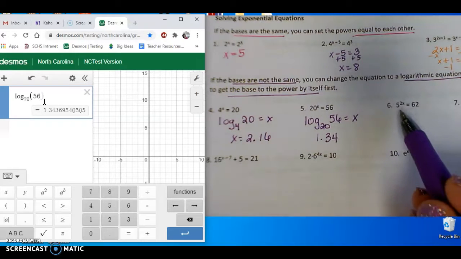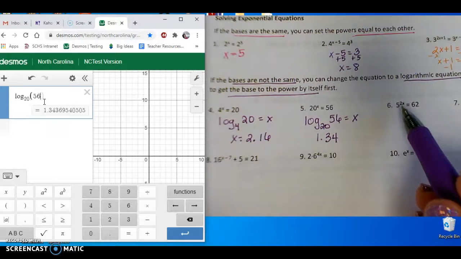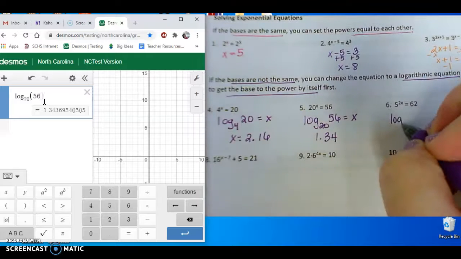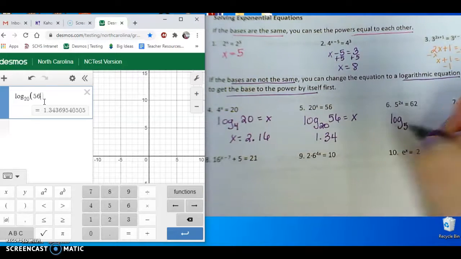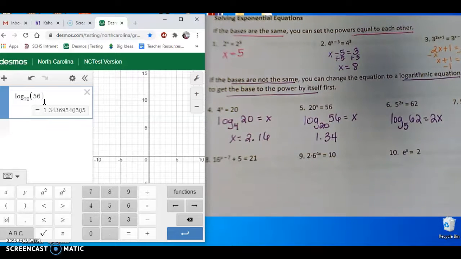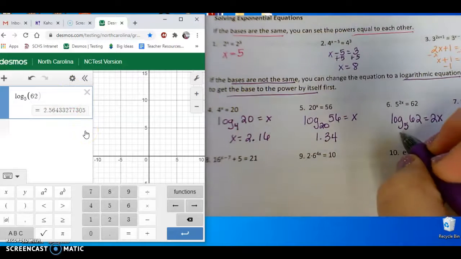Alright, this one's just a little bit more tricky just because it's got a 2x in the power. But you still want to rewrite it in exponential form first. So log base 5 of 62 equals 2x. So in Desmos, you would plug in the 5, plug in 62, we get 2.56.